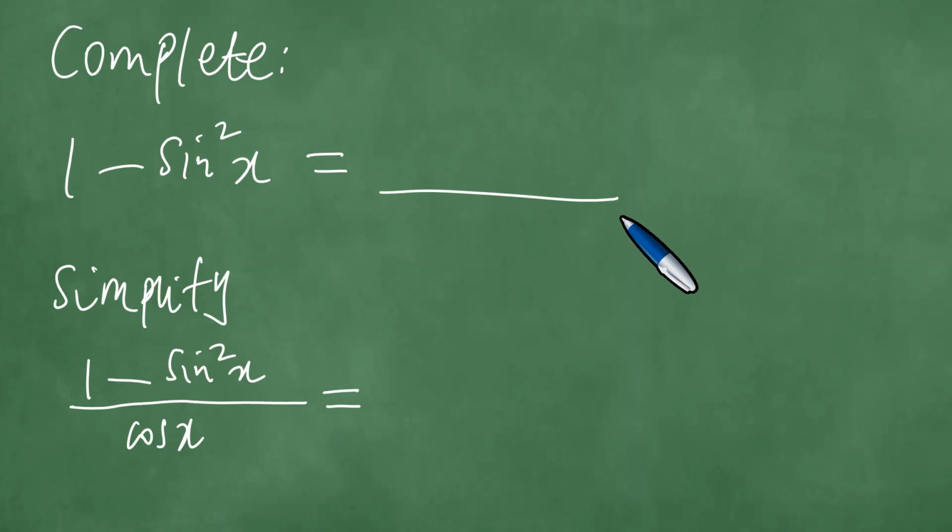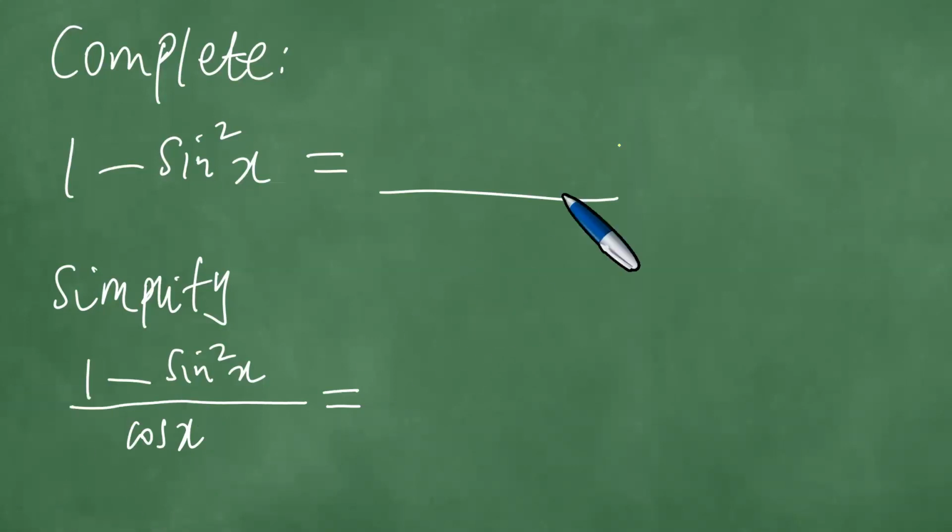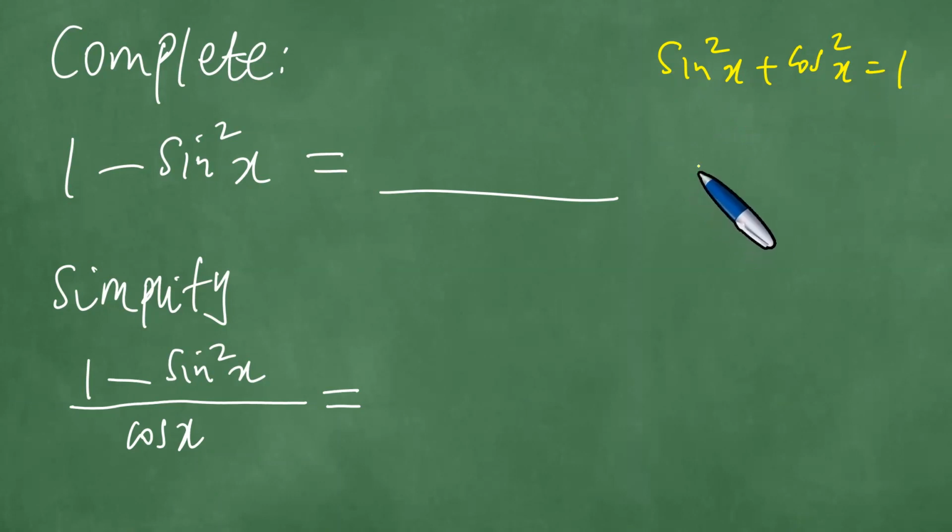I think it's 1 plus sine x into 1 minus sine x. Oh, yes, you're right. So you can factorize that, since you're looking at the difference of two squares. It's correct. But now you need to remember that sine squared x plus cosine squared x is equal to 1.